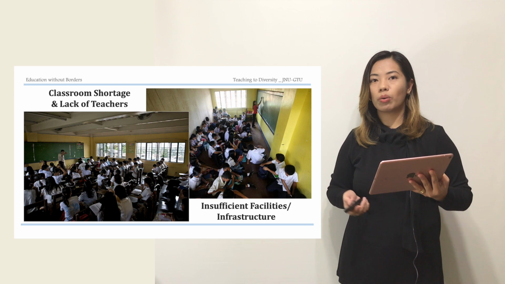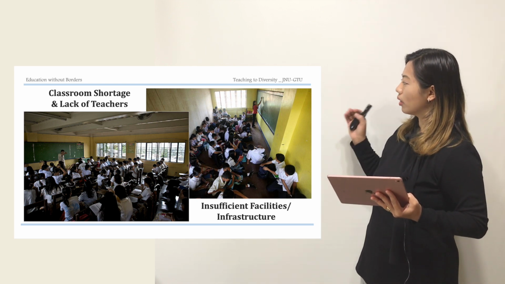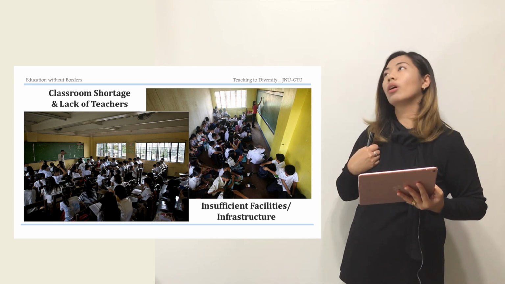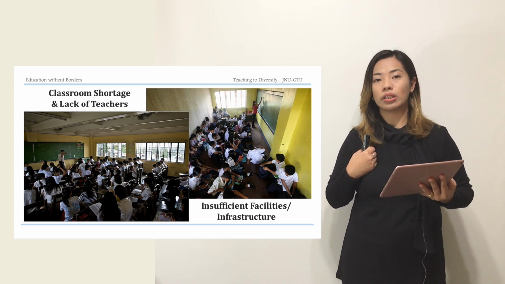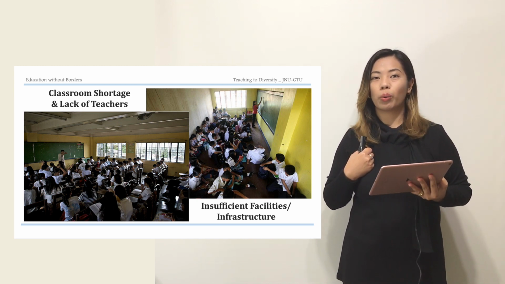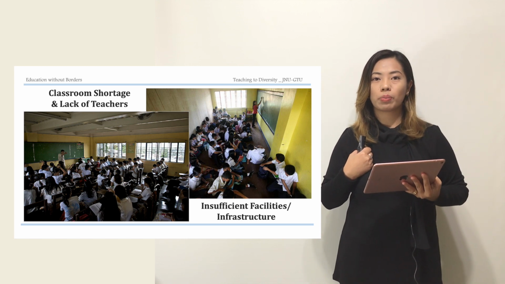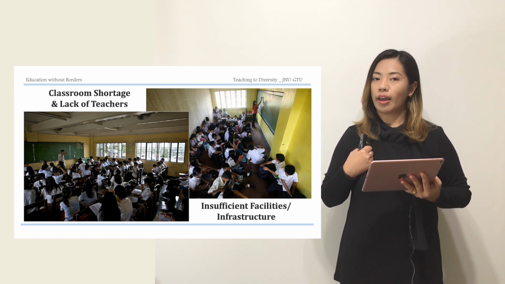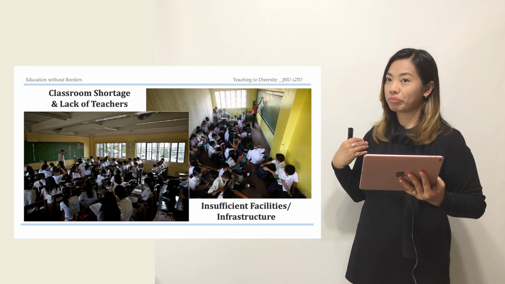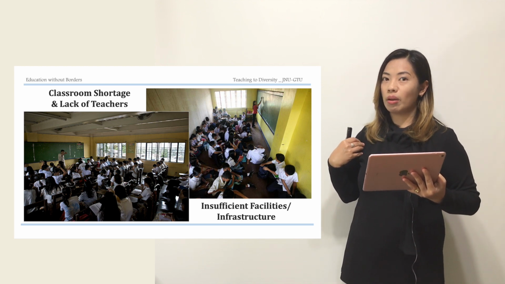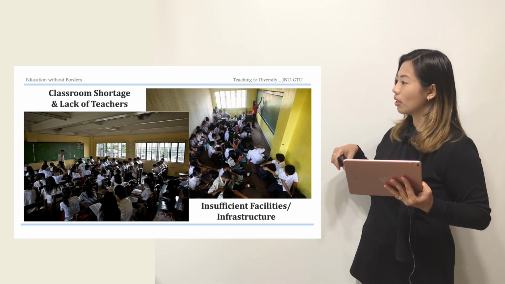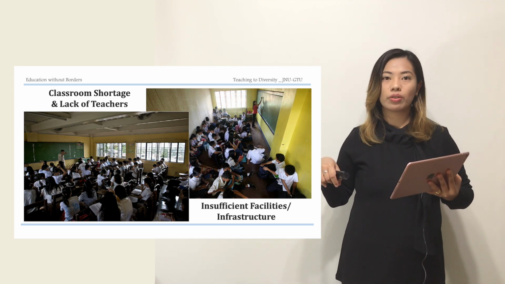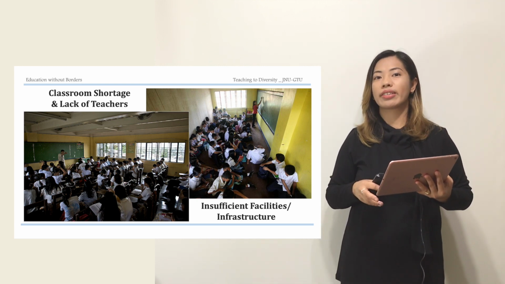This is true. One time when we went to another public school together with the GTU students during our community service program, they observed this. Some students have to study in a very narrow classroom like this, and there are around 50 to 70 students in one class.